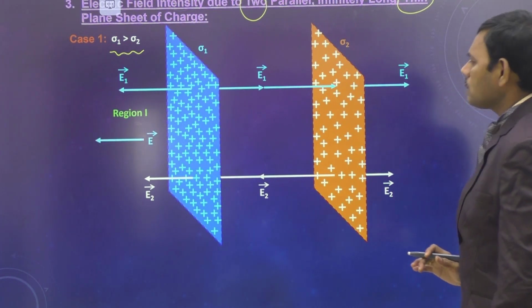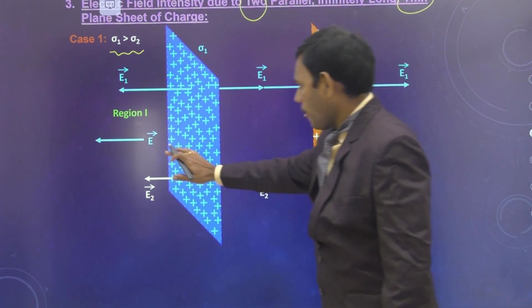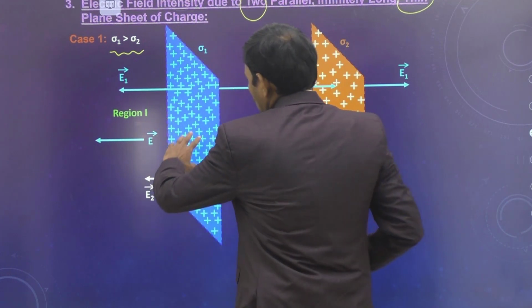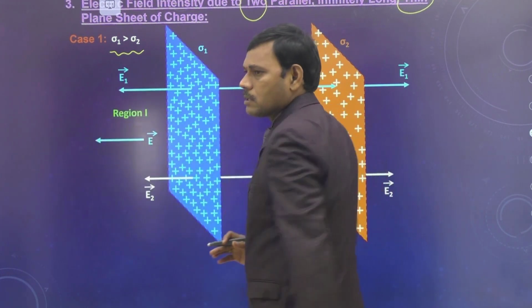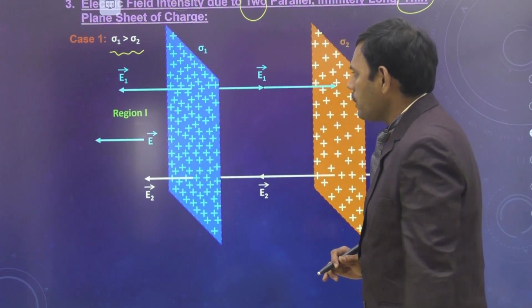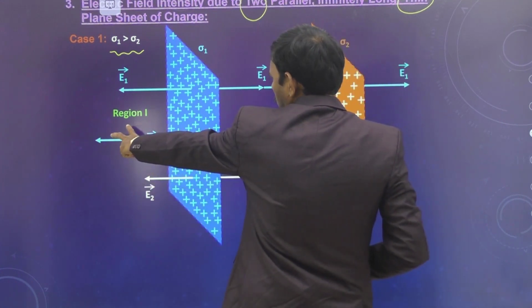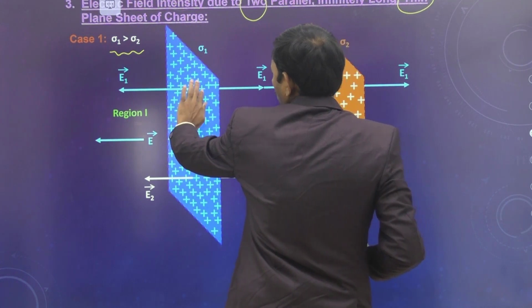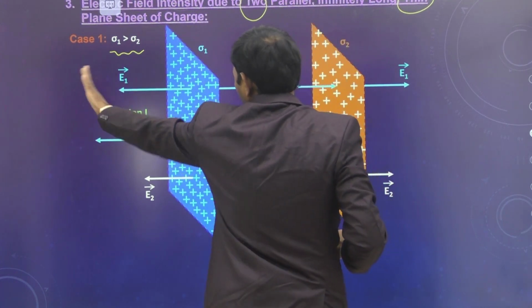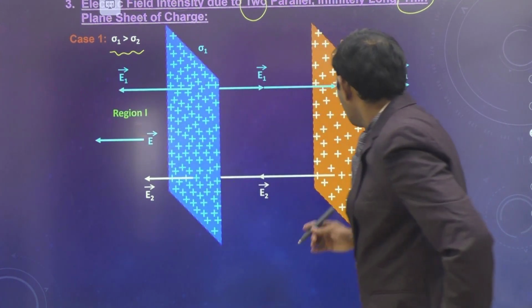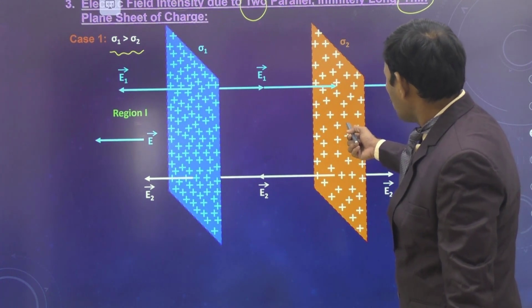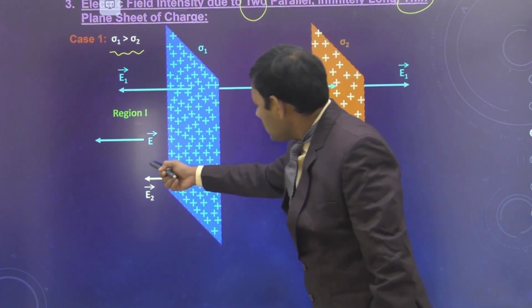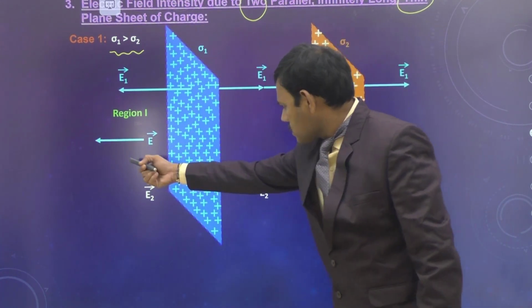So I would like to know the electric field in region 1. Region 1 is the left side of both the plates, in which the electric field due to the first plate is away from the first plate towards the left side, and due to the second plate also the electric field in this region is away from the positive plate.